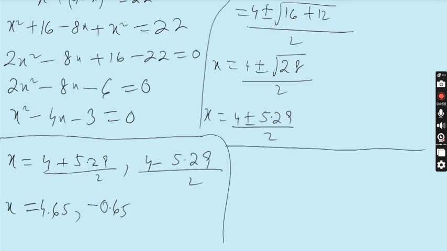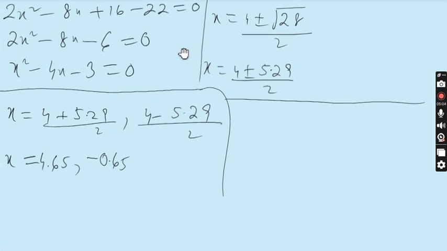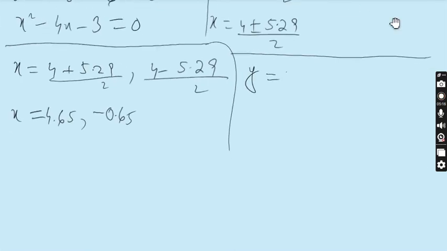Put these values of x in the given straight line equation. y equals 4 minus x. Yes, 4 minus x. Rechecking is very important.